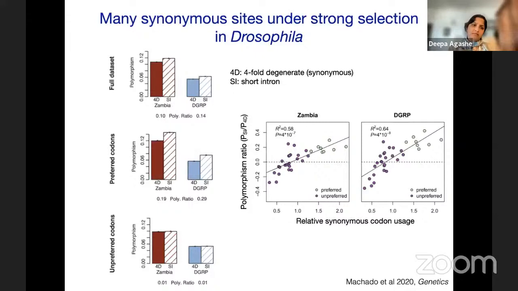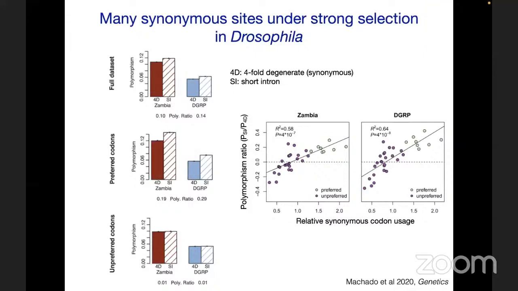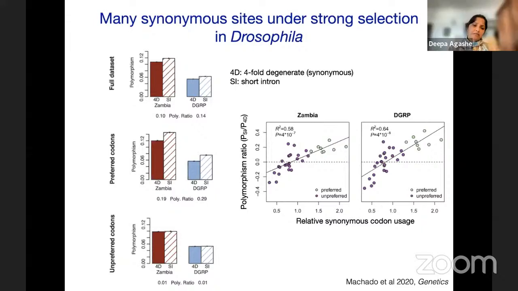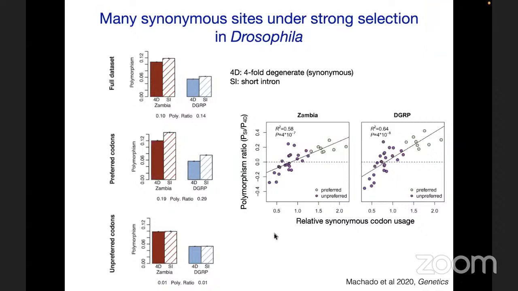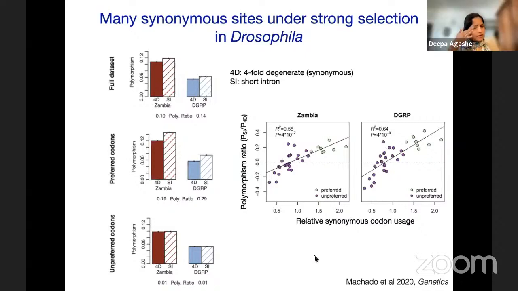Yeah, I'd have to think about that. Not sure. It might be that loci where they have unpreferred codons generally have a lower mutation rate, because that's the case for even the SI, right? The value is something like that. So I imagine some such difference is what's causing it. Okay.